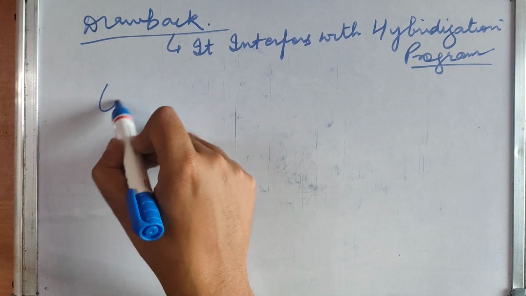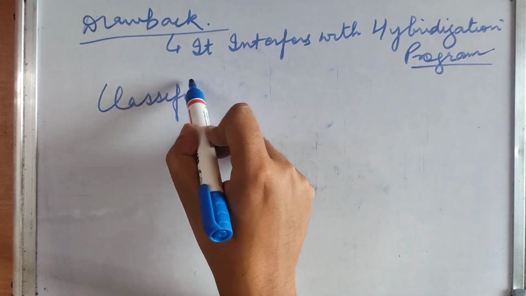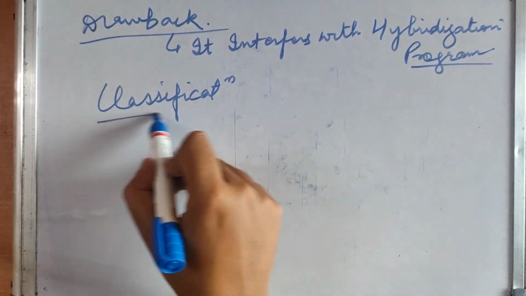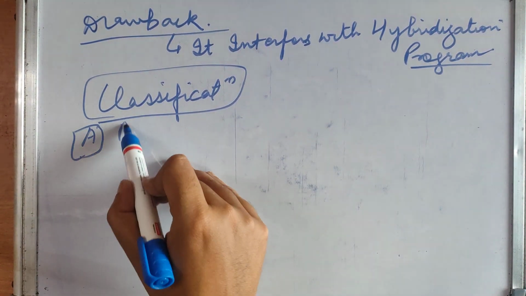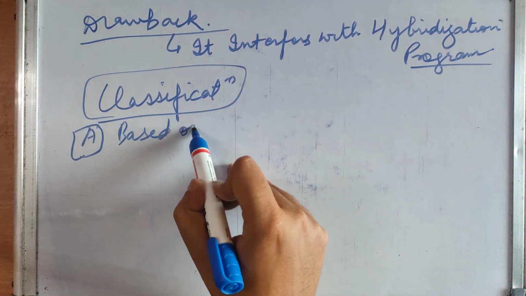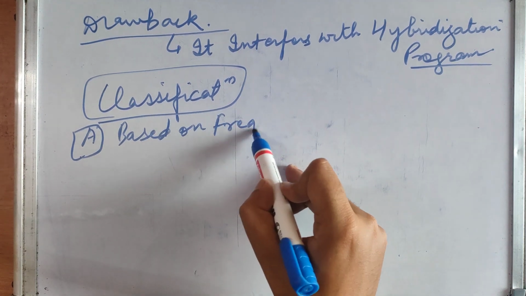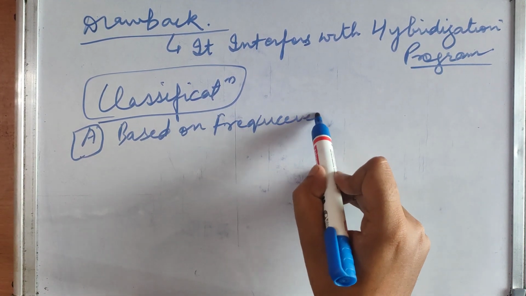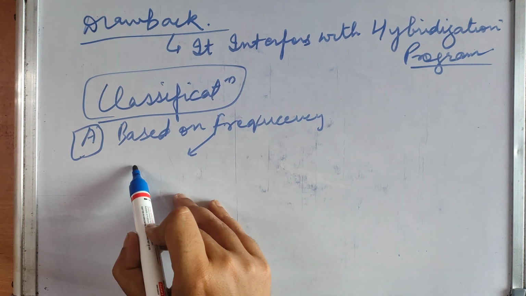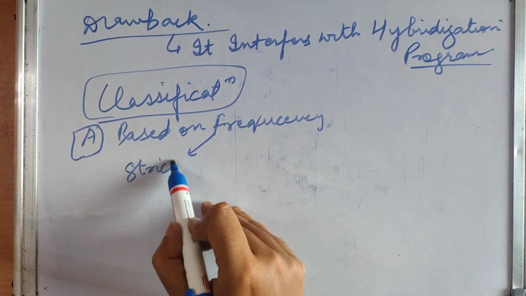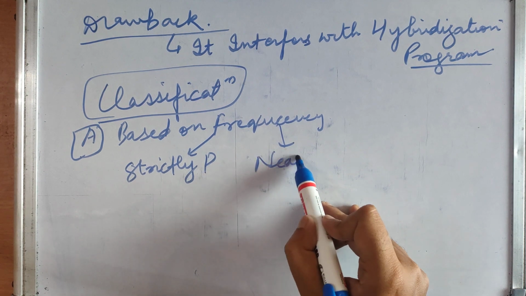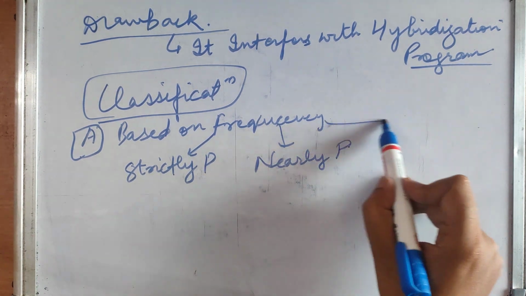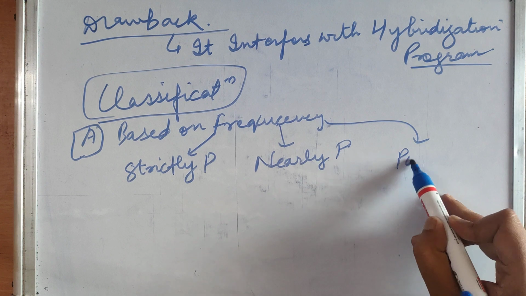Now, how is polyembryony classified? A, based on frequency, there are three types. The first one is strictly polyembryony, the second is nearly polyembryony, and the third is polyembryonic.